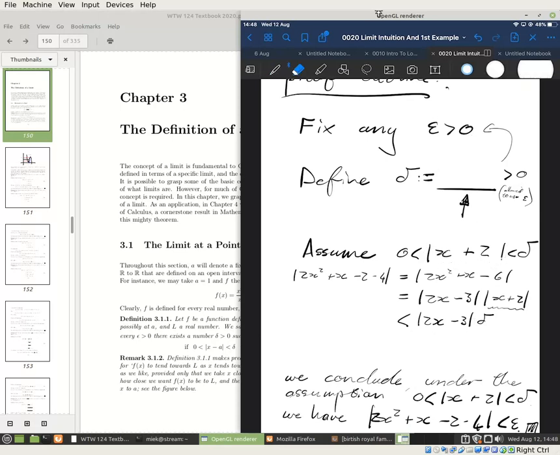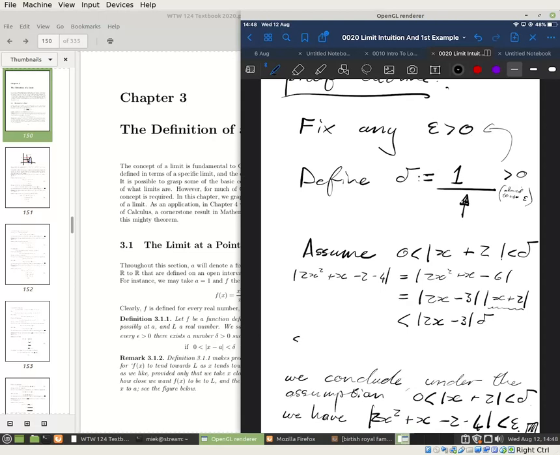How will we do that? What control do we have? The only control that we have is in choosing our delta. So let's put a 1 here. Okay.